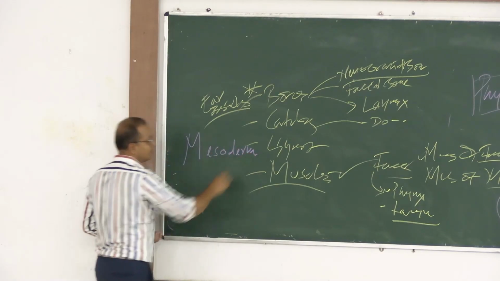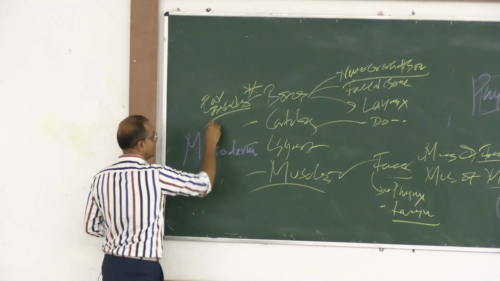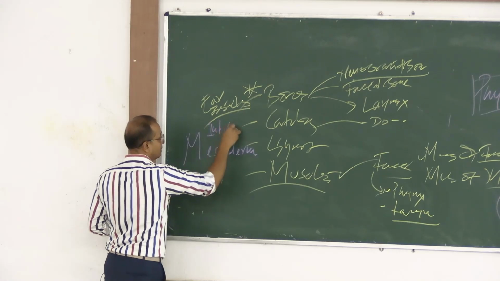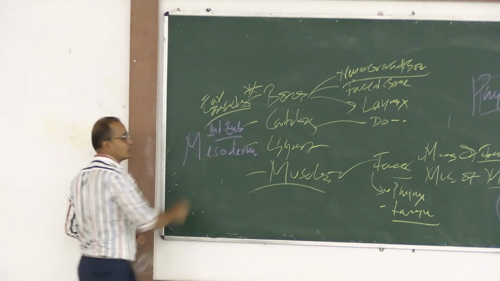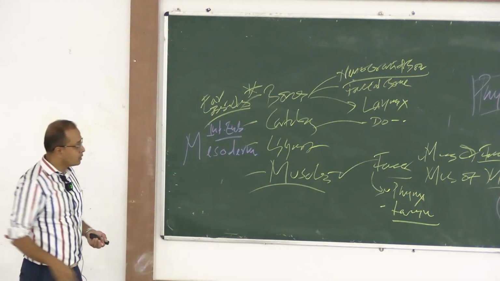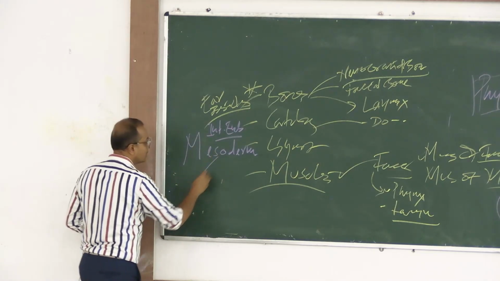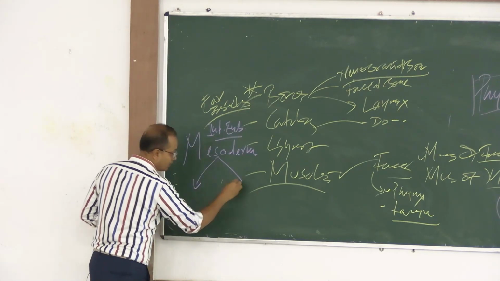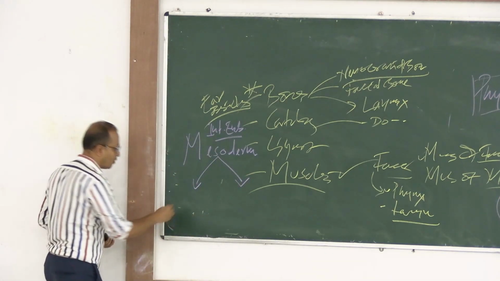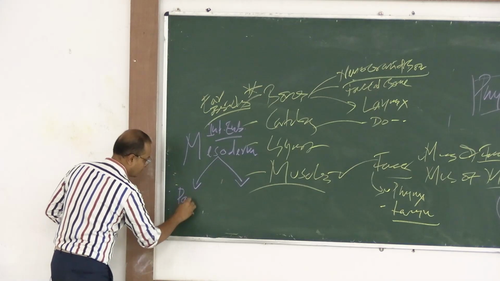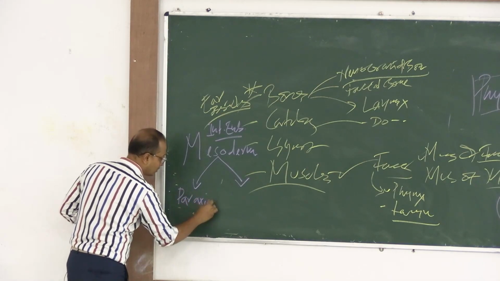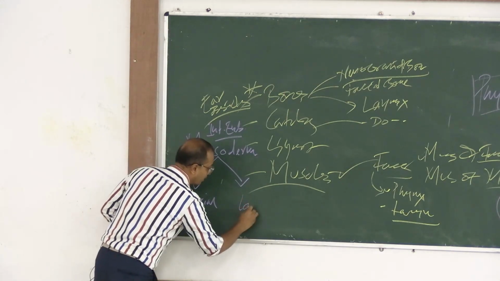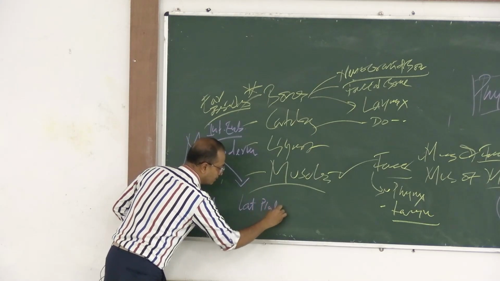Now this mesoderm, we call them as intra-embryonic mesoderm. So this mesoderm, as we have seen so far in this developing region, is coming from two sources: paraxial mesoderm and lateral plate mesoderm.